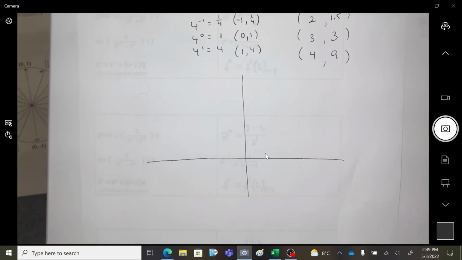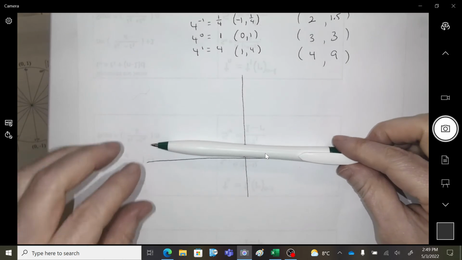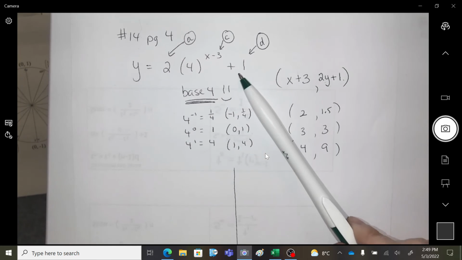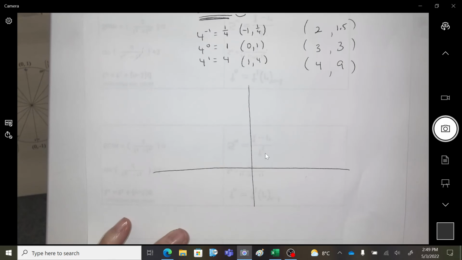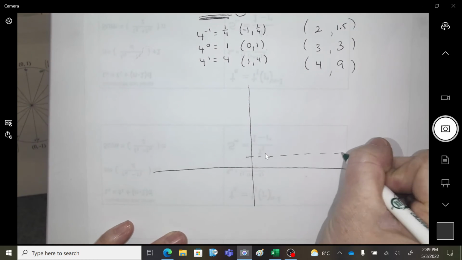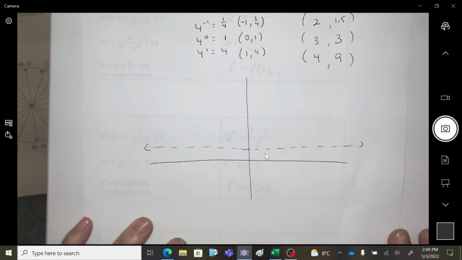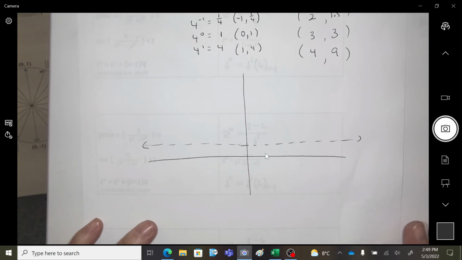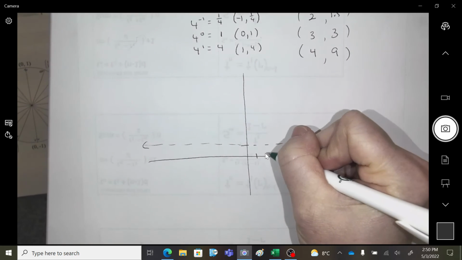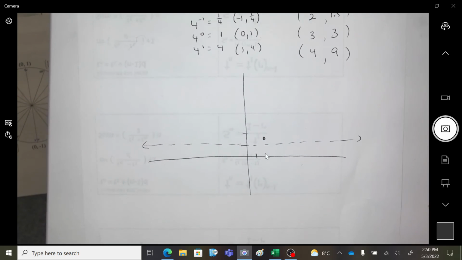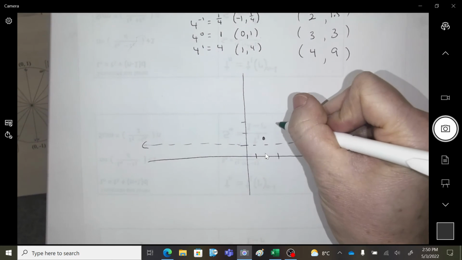Okay, before I draw this, I'm going to draw our asymptote. Normally it's here. Was there any movement that will move it? Up 1. So my asymptote will be there. And then I'm going to draw those points that I have.